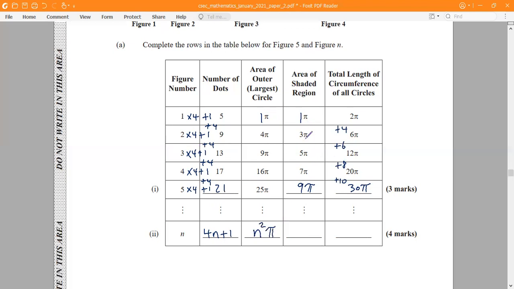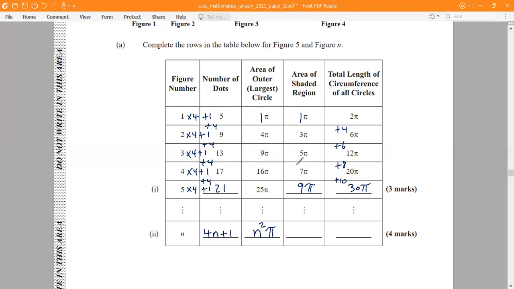Okay. Again, we are moving on to another column and looking for a relationship between the figure number and the area of the shaded region. So we have 1 and 1 here, so 2 and 3. So we can say 2 2s are 4, take away 1, and we get 3. We can say 3 2s are 6, take away 1, and we get 5.